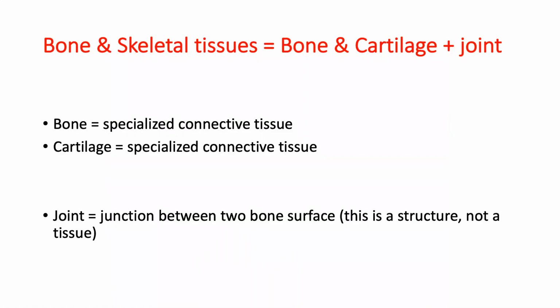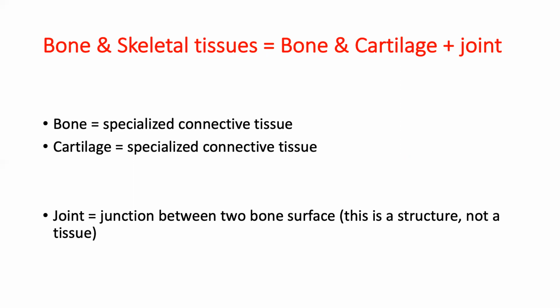So if somebody asks you, what is a bone? What is a cartilage? For me, my answer would be a bone is a specialized connective tissue. A cartilage is a specialized connective tissue. And of course, being connective tissue, they will be made from cells and matrix.